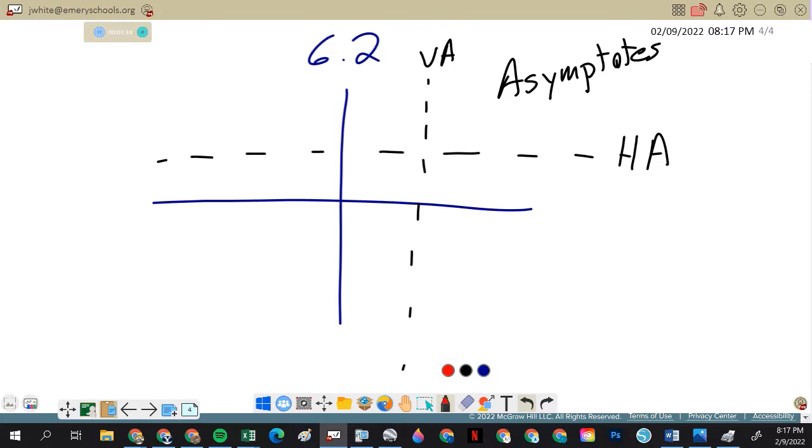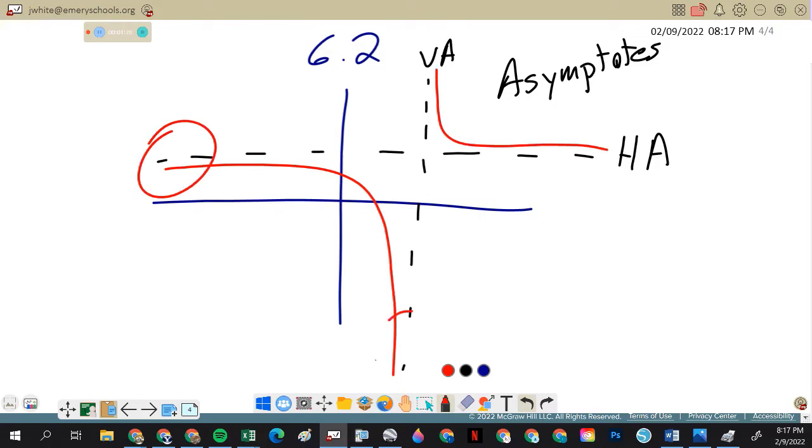So we might have a rational expression that looks like this. And here, here, here, and here, the graph approaches those asymptotes but never reaches it. So today we need to figure out, how do we tell where the VAs are and where the HAs are? And it turns out it's actually really simple.